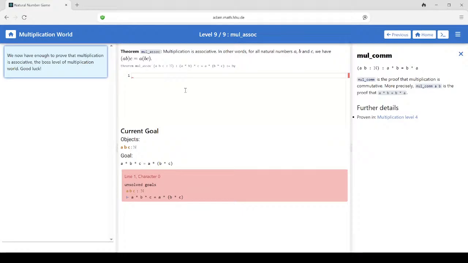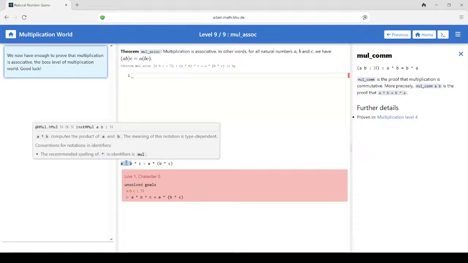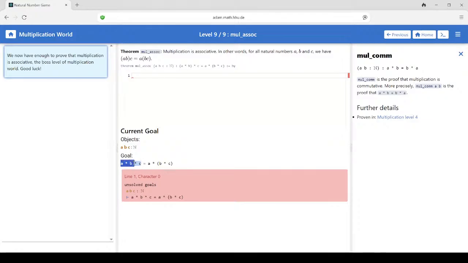Let me think. So what is it asking? Well, A times B. I should imagine parentheses around these, since it's going to do the first ones first. It's going to multiply A times B first, and then C. And I want to prove that that's the same as multiplying B and C first.